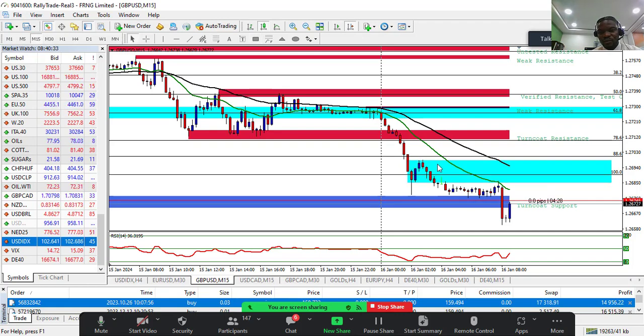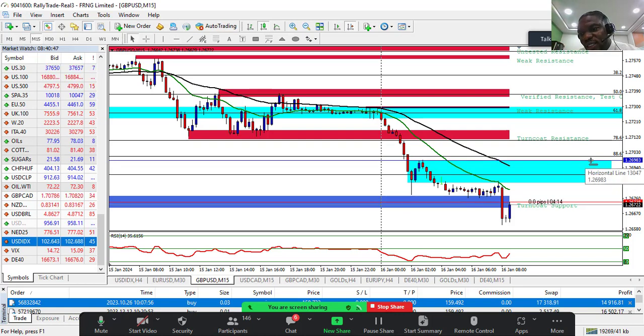I would want to do a sell somewhere around here too. So let me give you this entry very fast. Around this top here, this entry is 1.26983. That will be a sell limit at 1.26983.